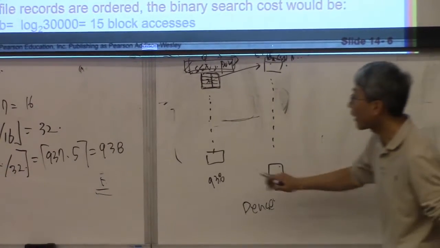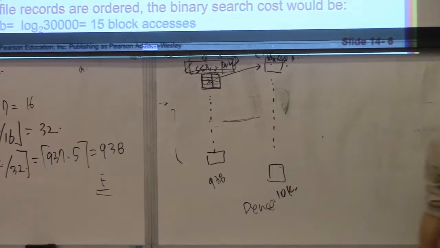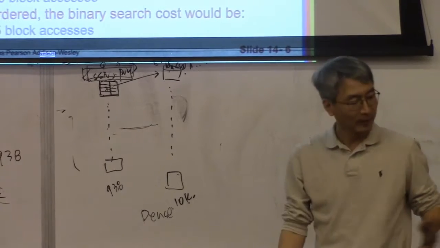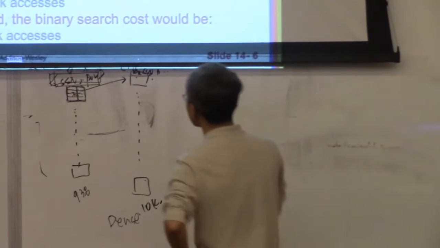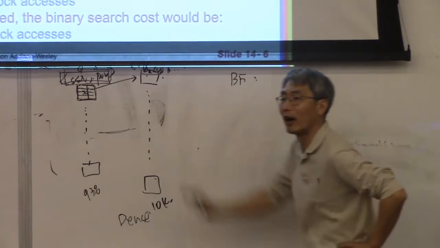Okay. Data blocks, we calculated how many blocks? 10K. This is the index and this is the data file. Finally, we can use the brute force way, using only the data file.